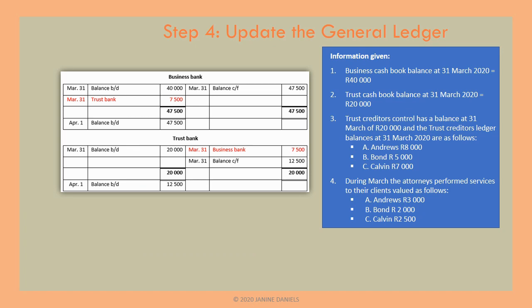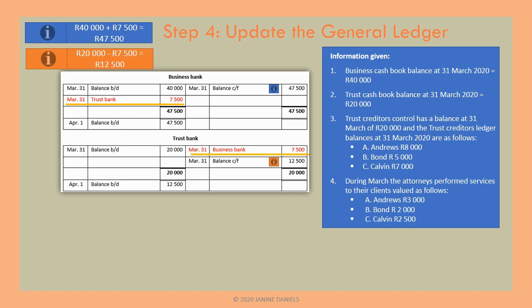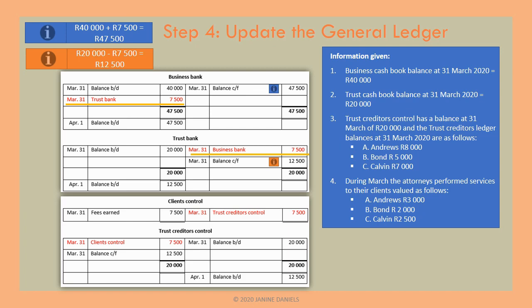Next, the general ledger must be updated by debiting the business bank account and crediting the trust bank account. This will bring the balances to 47,500 and 12,500 Rand respectively. Then, credit the client's control account and debit the trust creditor's control account.